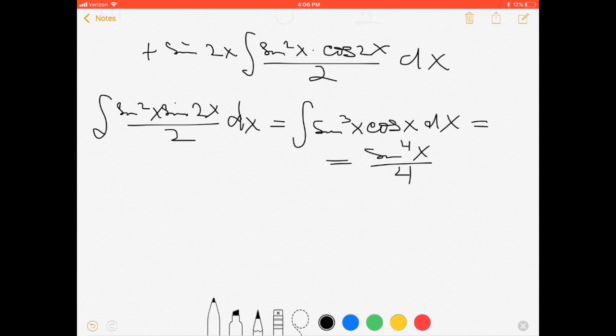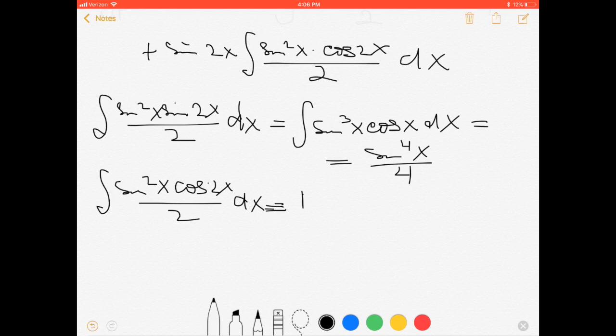Okay. Second integral. We have sine square x cosine 2x over 2 dx. This gives me 1/4. Here I remember the identity for moving from square to first order.